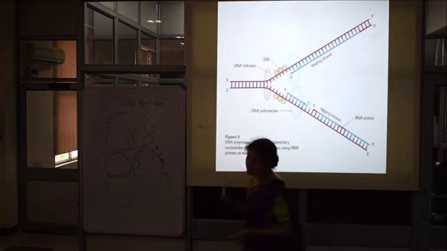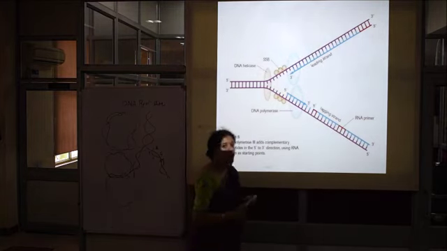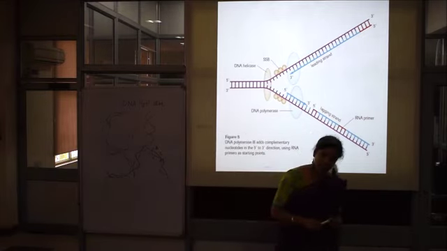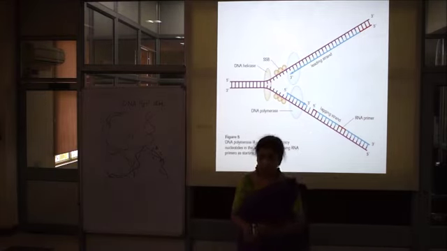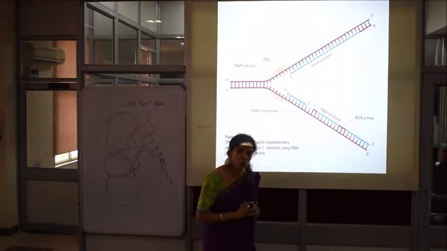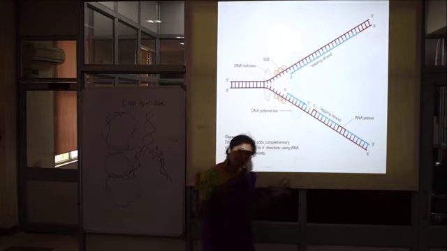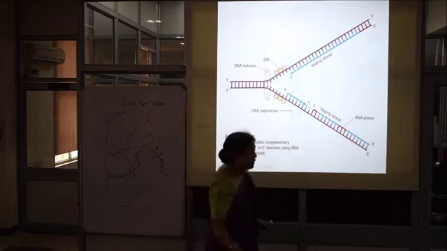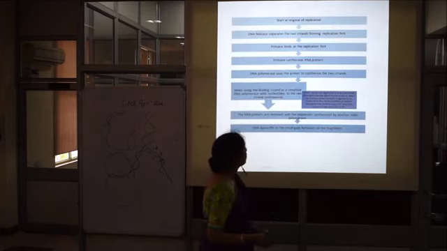In this whole process, wherever a wrong base is incorporated, that is removed by the phenomenon of proofreading with the help of DNA polymerases. So fidelity of DNA replication is maintained throughout the process, and a series of enzymes work one after another for the complete DNA to be replicated.